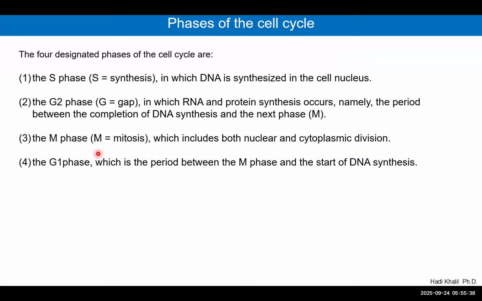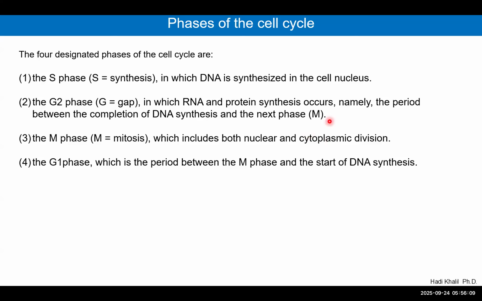So the four phases are the S, which is the synthesis, where the DNA is mostly synthesized within the nucleus. Then if we follow up, there's the gap phase, where the RNA and proteins are being synthesized. And this is the period where we will have the completion of the DNA synthesis. And we have the checkup on the DNA material that it's ready to go for the division process.